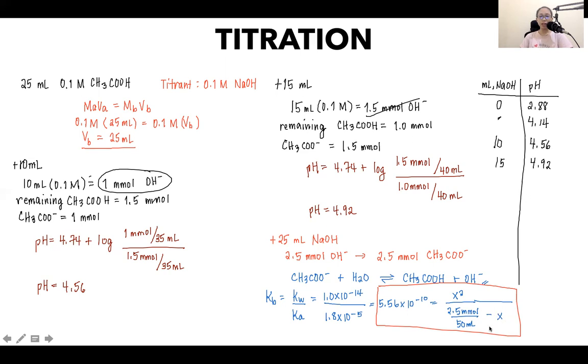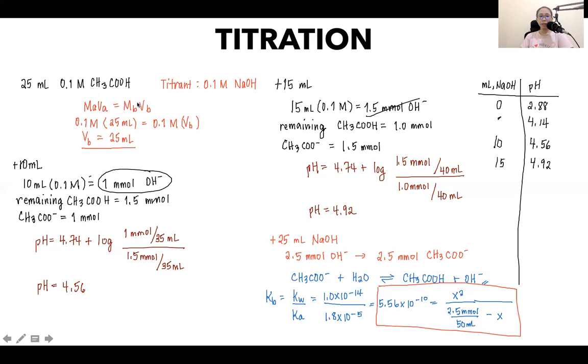This is the change. So now you can solve for X. And if you solve for X, notice the Kb is a very, very small value. You can simplify the solution for this one.